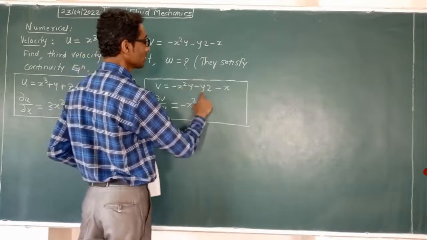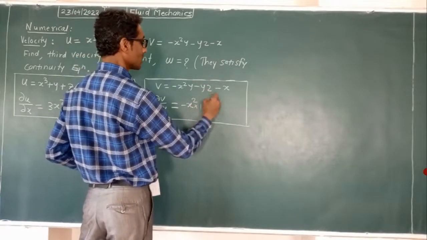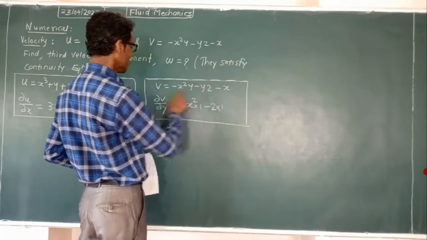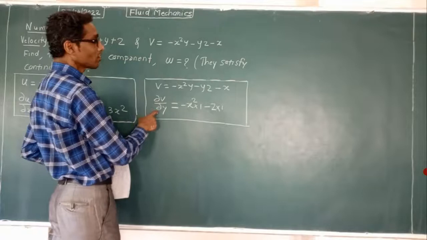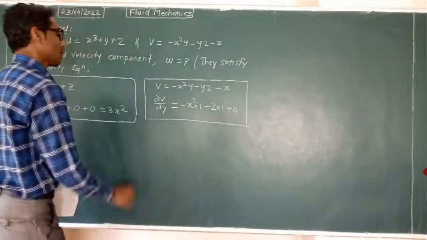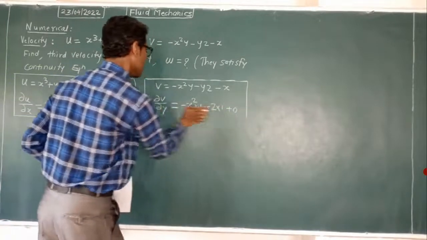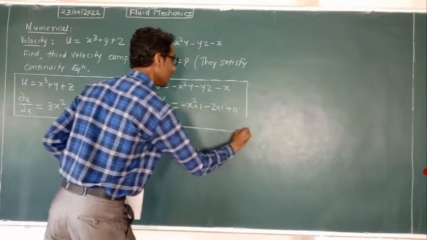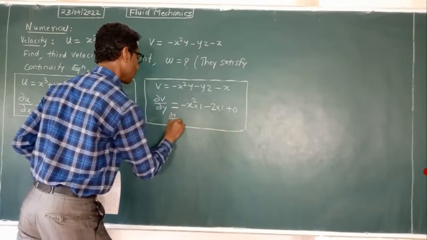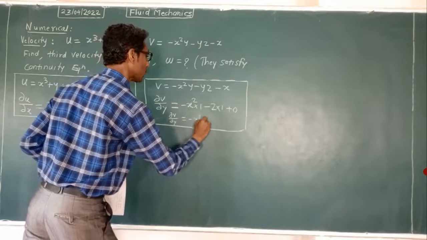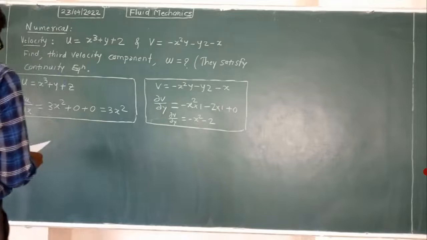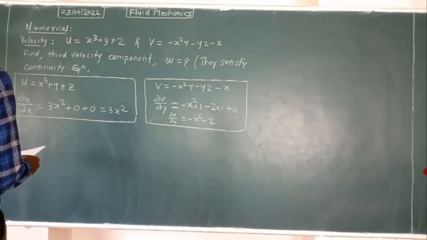In the second term, minus yz, z will be constant and differentiation of y is 1. For the last term, with respect to y, x is constant, so it will be 0. So dou v by dou y will be minus x square minus z.